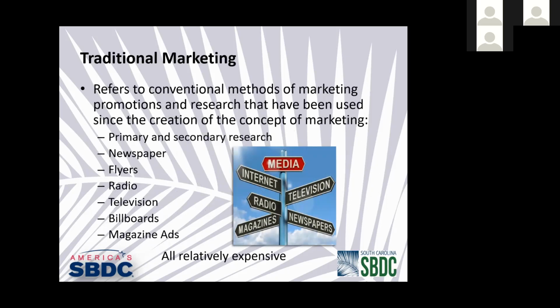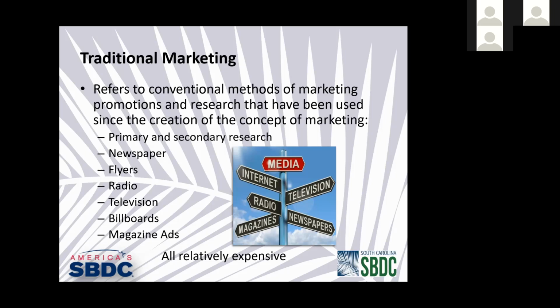Traditional marketing over the years has been done through either primary or secondary research. Primary research is actually input from the actual customer or client themselves. And secondary research is the type of research that you would go out and purchase. Now, research nowadays with the internet is extremely easy, much easier than it used to be in the past.